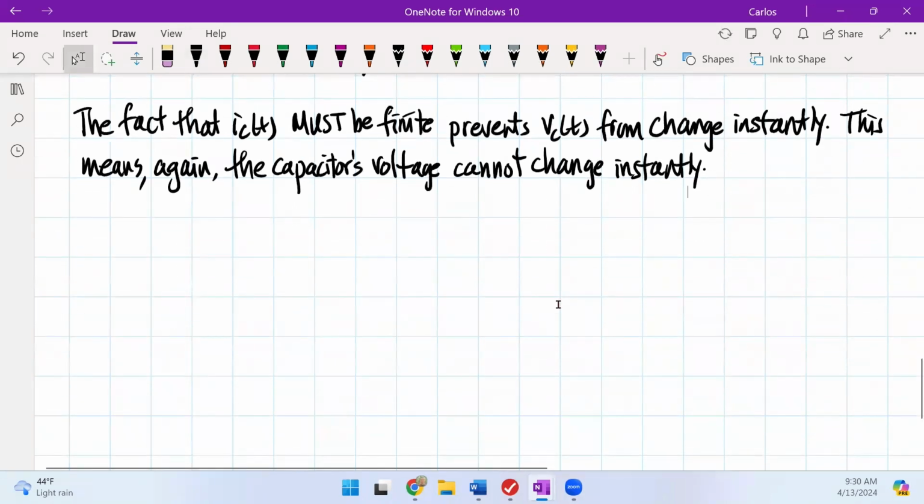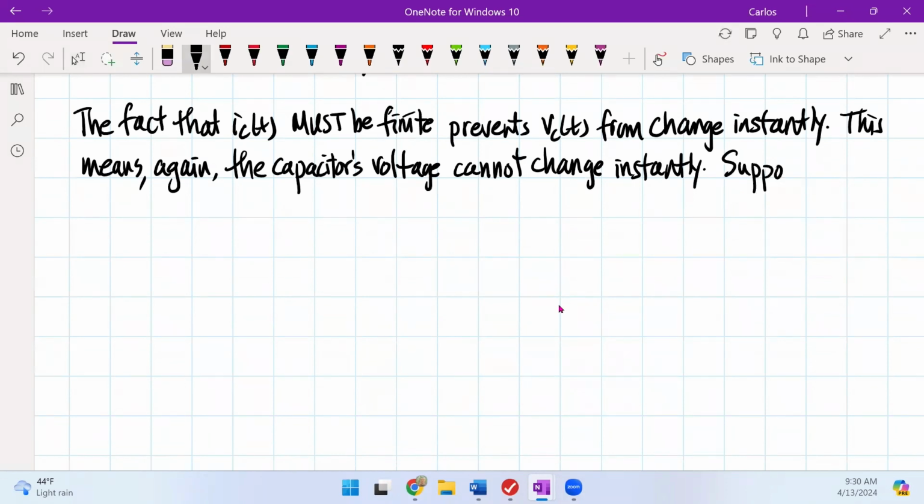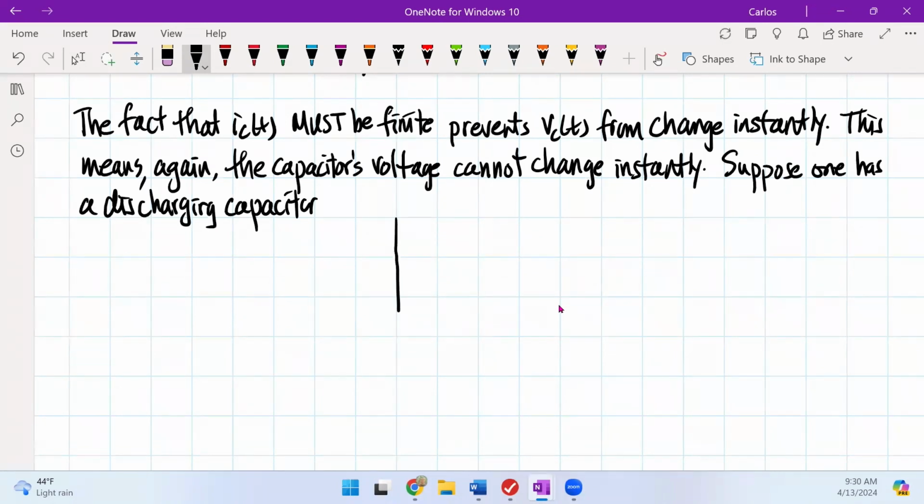So picture-wise, what does that mean? Suppose one has a discharging capacitor. If I was to plot this, what do I actually see? If I have a charge on a capacitor, this is Vc of 0 minus.